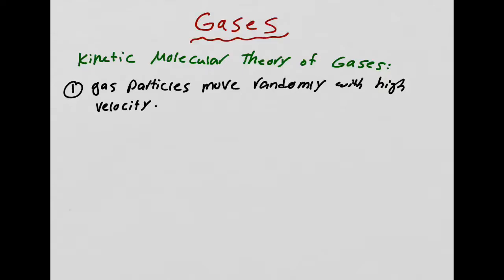That means the gas particles move in random directions at very high speed. What does velocity mean? Velocity means speed, right? Really fast, basically. Gases are moving around randomly, in different directions, really fast. That's what it means. High velocity means moving around really rapidly.